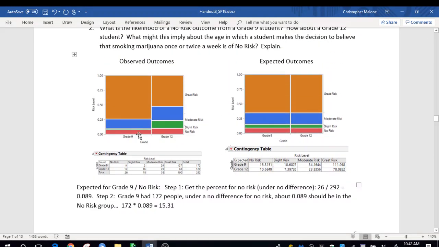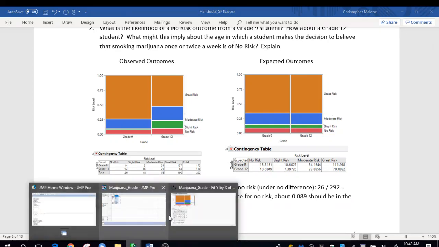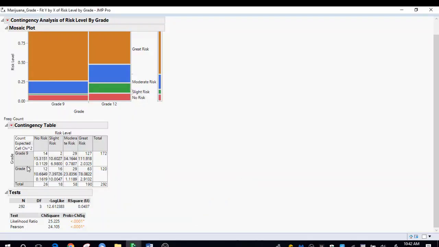And all that means up on my graph visually is that this red box, that's grade 9, no risk, is about the same size as the one over here on the right when I'm assuming I have no difference between those. If I go back, that's what these quantities are in the table here. This 0.1129 is just that cell chi-square, the observed minus expected squared divided by the expected.